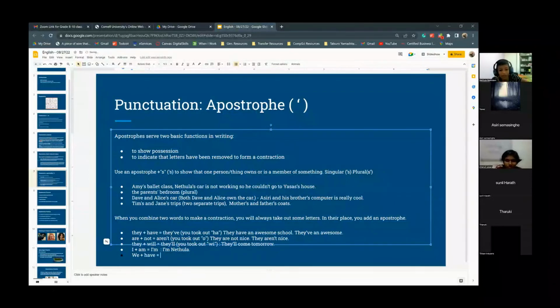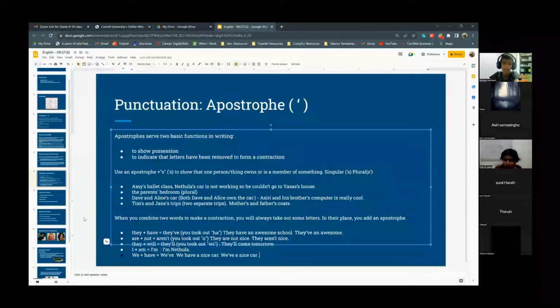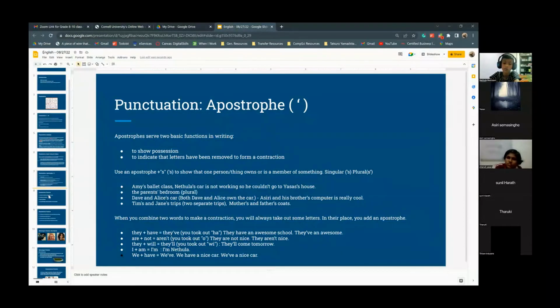So "we have" can be "we've." Yes, we could use this, but again, remember it's really informal. So when you're speaking, try to also stay away from apostrophes, because sometimes it might be harder for people to understand. But again, it's mostly for informal text or Twitter speech.